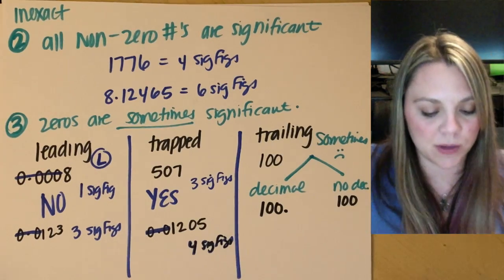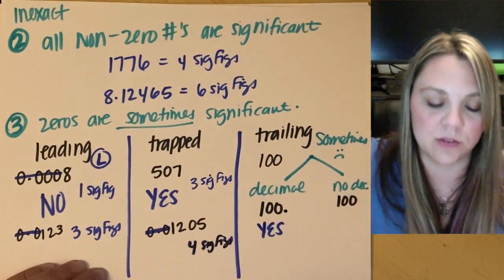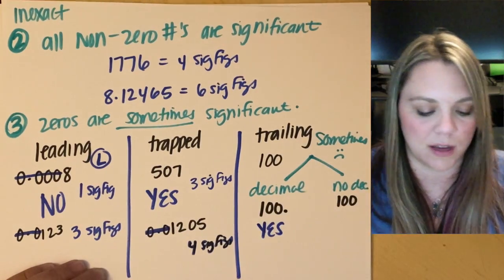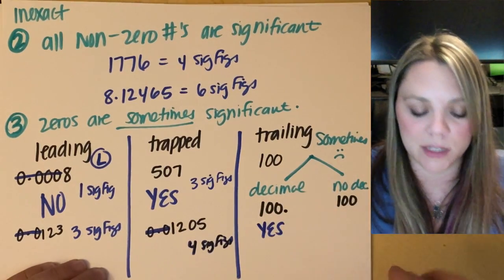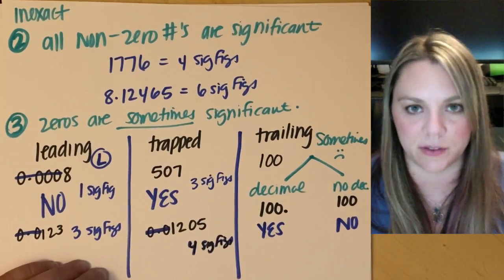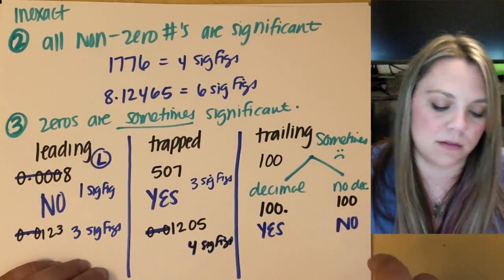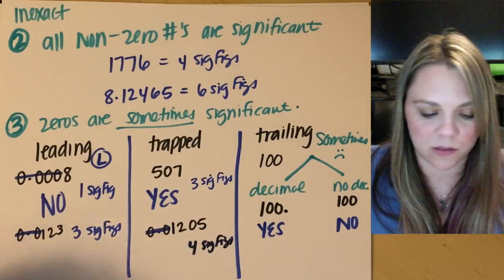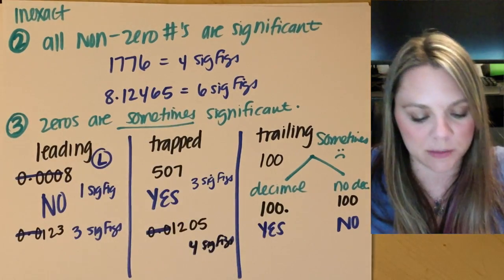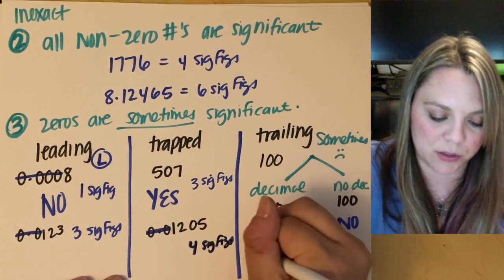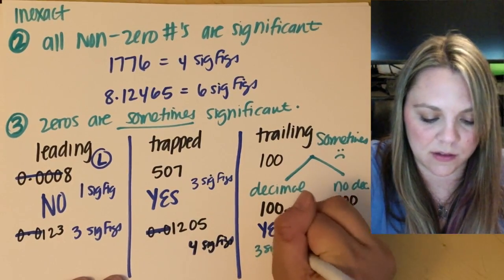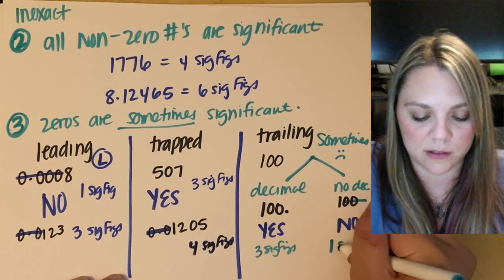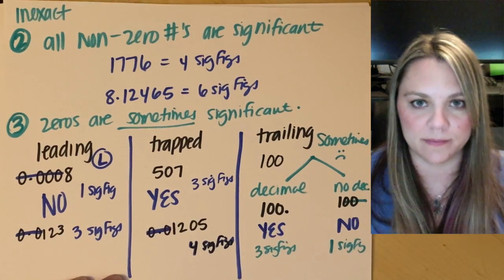If I do have a decimal, then yes, those trailing zeros are significant. The decimal tells me I know exactly what those are. If I don't have a decimal, then no, they are not significant. So 100 with a decimal, I would have 1, 2, 3 sig figs. Without a decimal, I only have 1 sig fig, just that number 1.